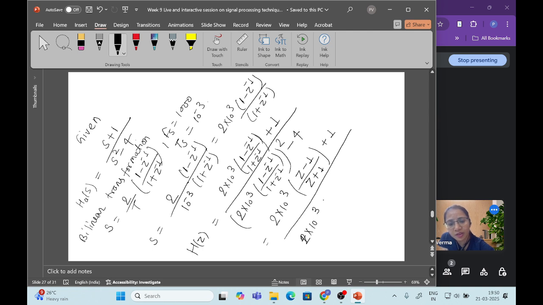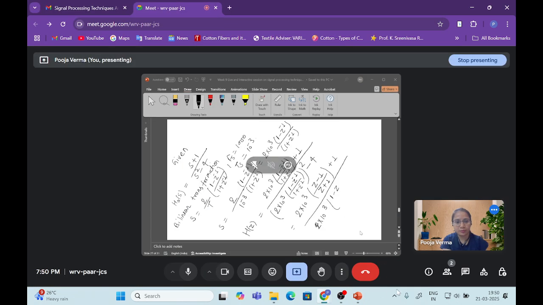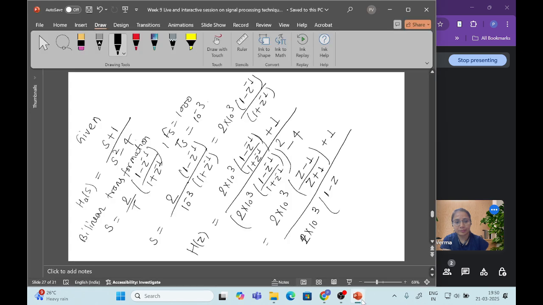Now here, 2 into 10 to the power 3, z minus 1 divided by z plus 1, whole square, minus 4, because they have asked in the same form.